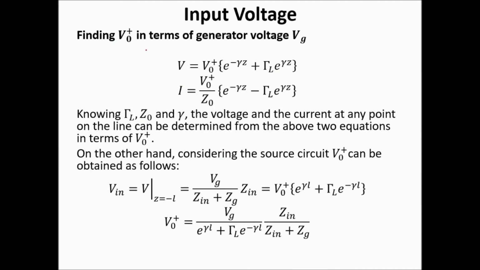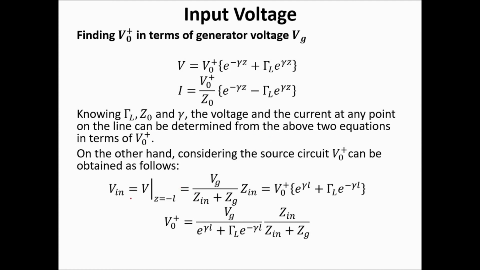And the input voltage you can now find at the generator side. So this is the voltage and current at any point. Now if you know gamma L, Z0 and gamma, the voltage and current at any point on the line can be determined from the above two equations.